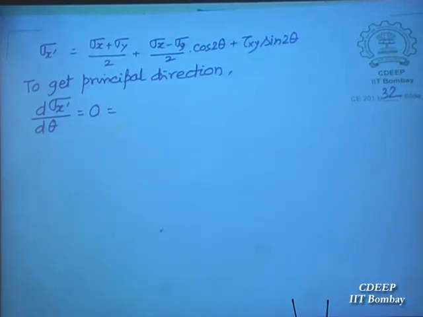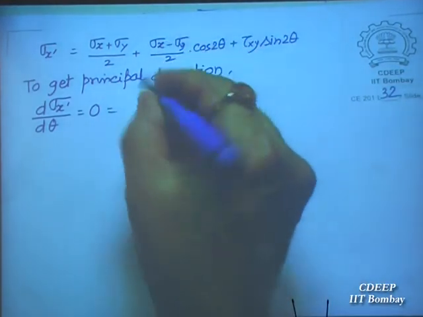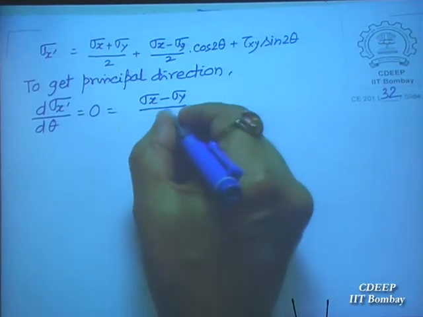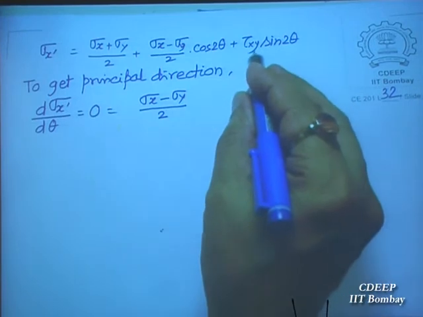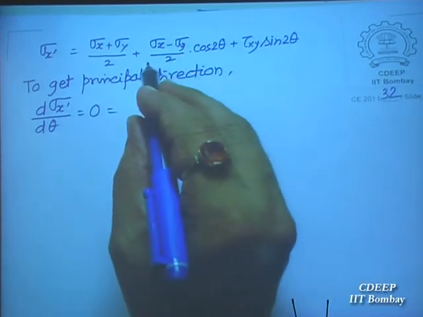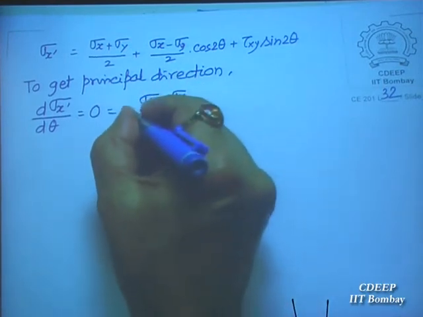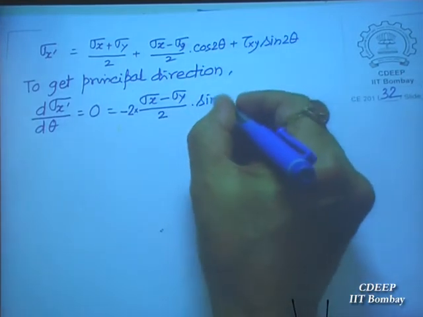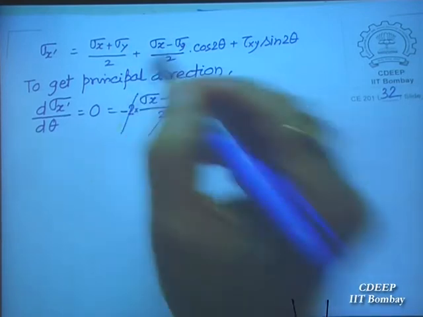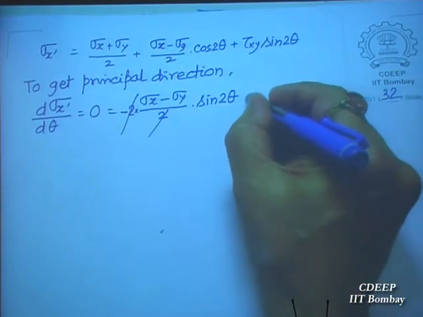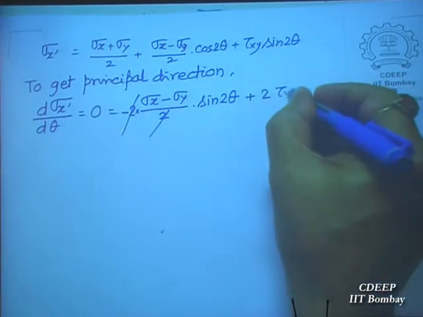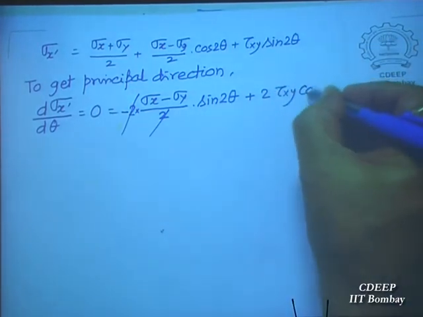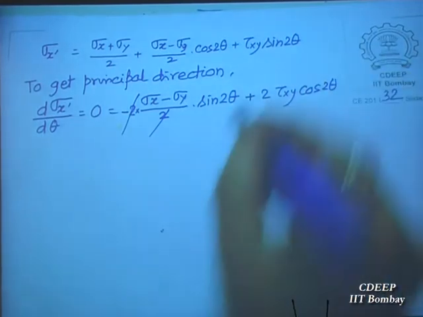So this comes out to be sigma x minus sigma y by 2 into the derivative of cosine, with a negative sign, so 2 times sine 2 theta, this 2 and this 2 will go, plus 2 times tau xy, because the derivative of sine 2 theta is 2 cosine 2 theta. This is equal to 0.